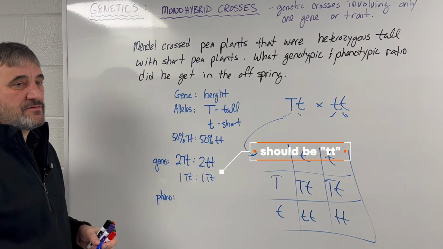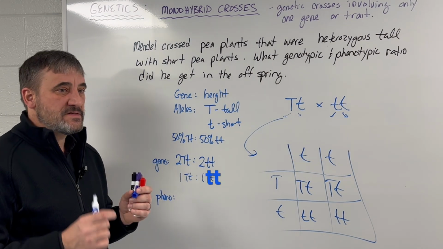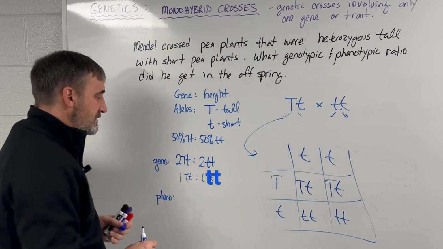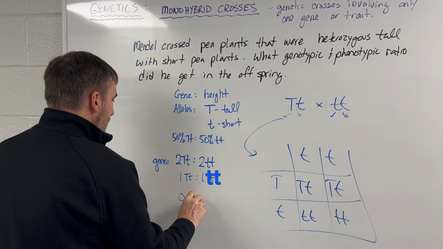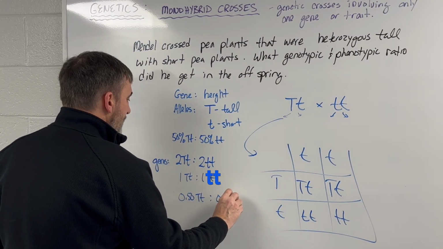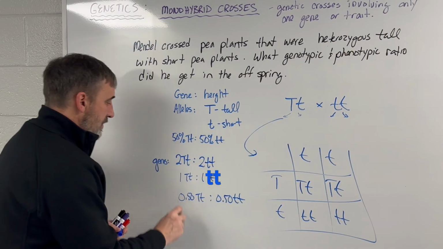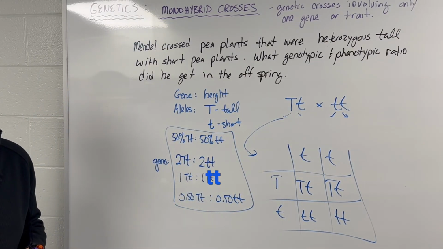If it asked you to write it as a decimal, or a number between 0 and 1 rounded to 2 decimal places, then we could write it like 0.50 big T, little t, 0.50 little t. All of those things mean the same.